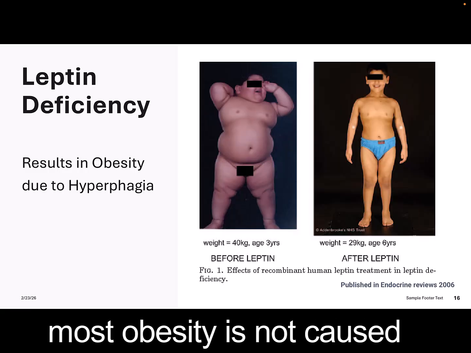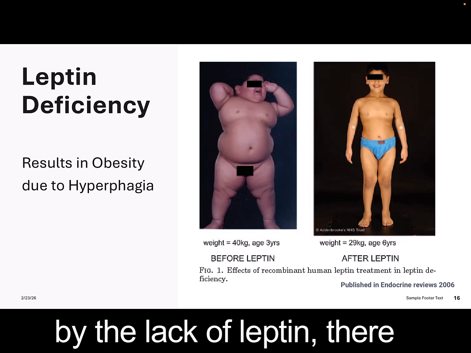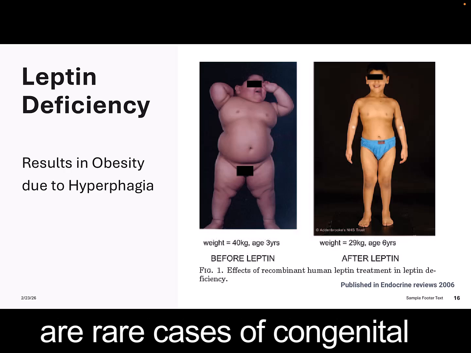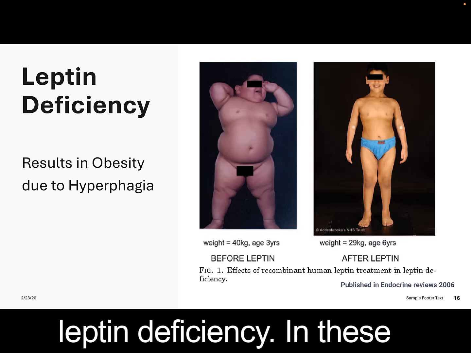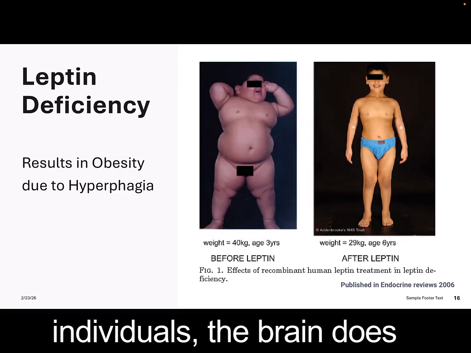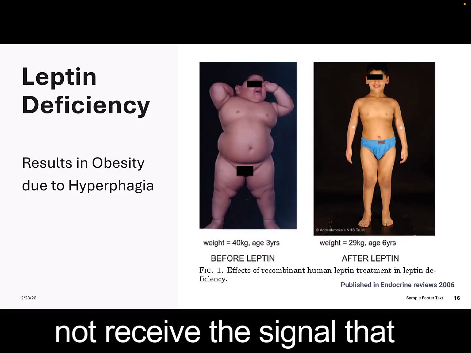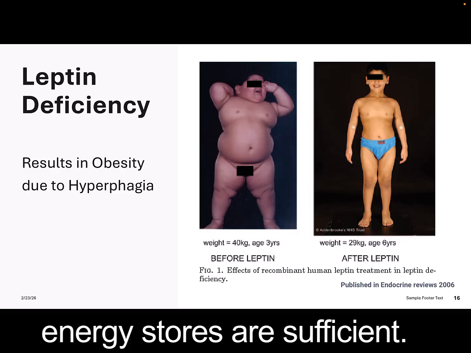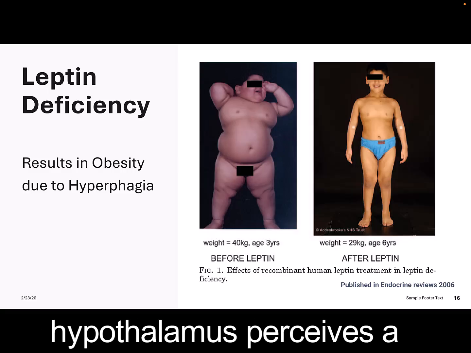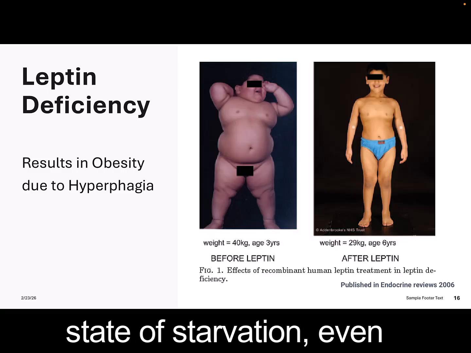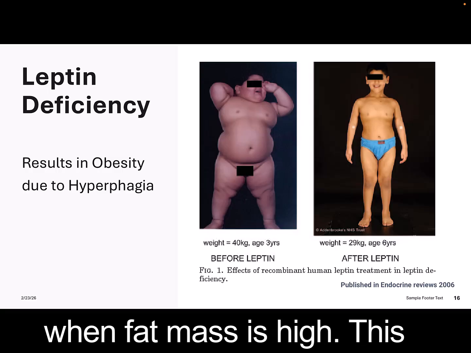While most obesity is not caused by the lack of leptin, there are rare cases of congenital leptin deficiency. In these individuals, the brain does not receive the signal that energy stores are sufficient. As a result, the hypothalamus perceives a state of starvation, even when fat mass is high.